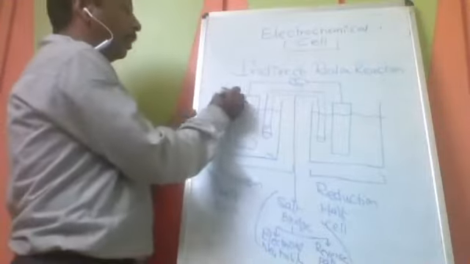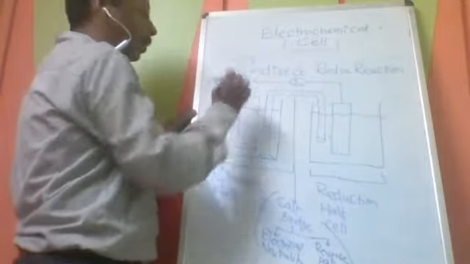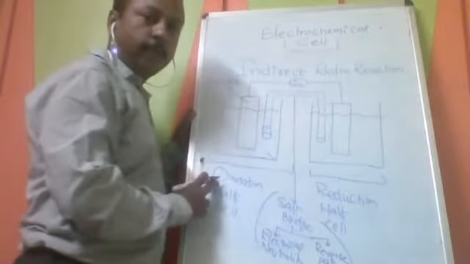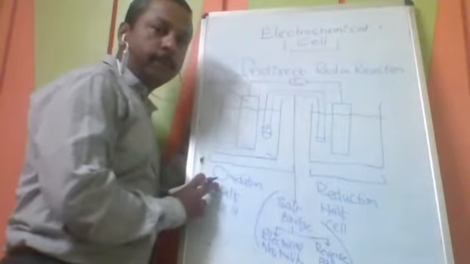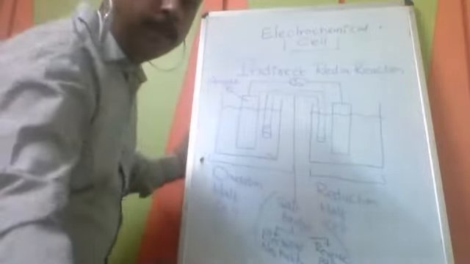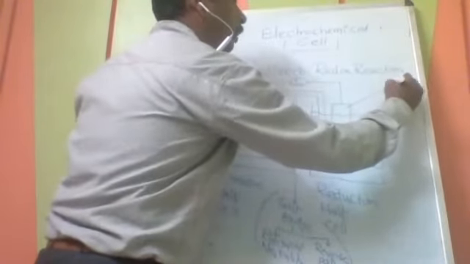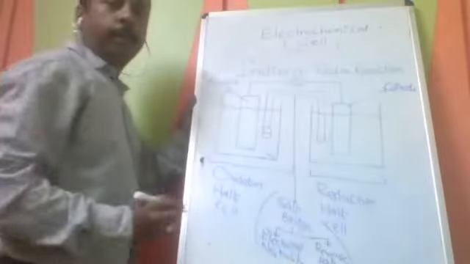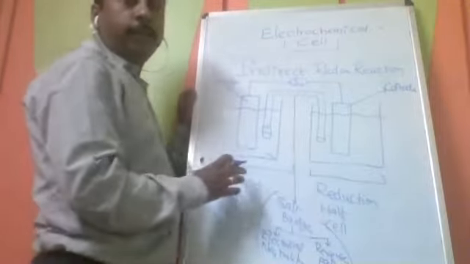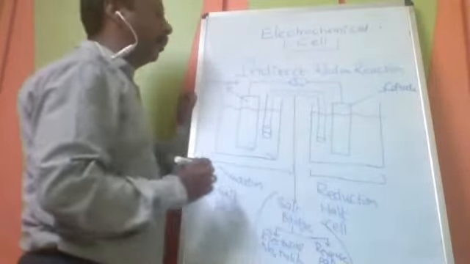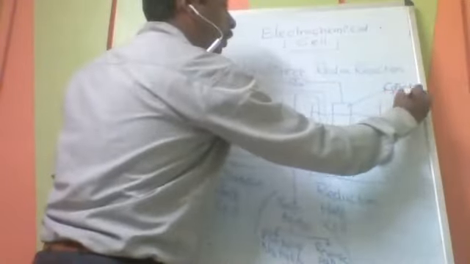Now this part is called the anode. The electrode which is available in the oxidation half cell is called the anode, and the electrode which is available in the reduction half cell is called the cathode.